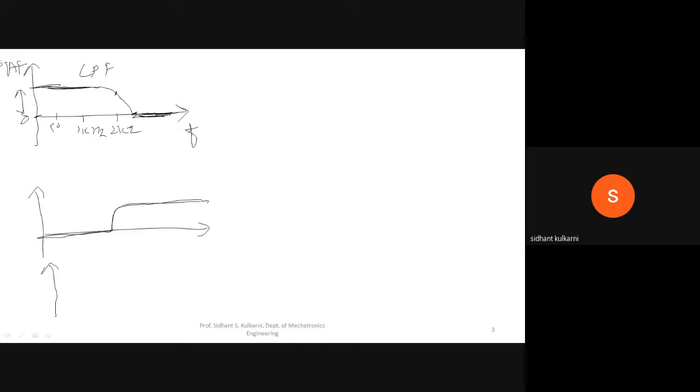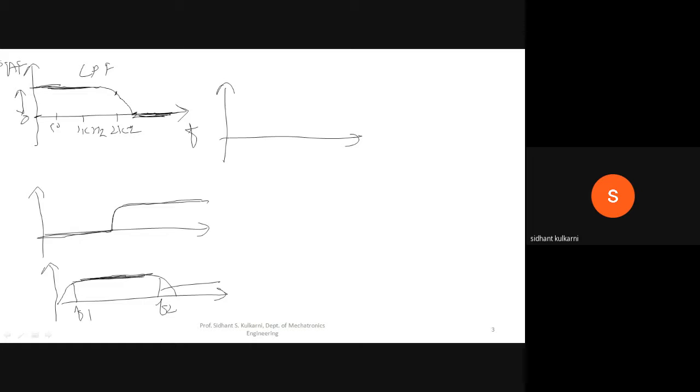If I want to draw the characteristics of a band pass filter, for a band of frequency, frequencies less than F1 and greater than F2 are rejected, but those between F1 and F2 are passed. And the band reject filter looks something like this.